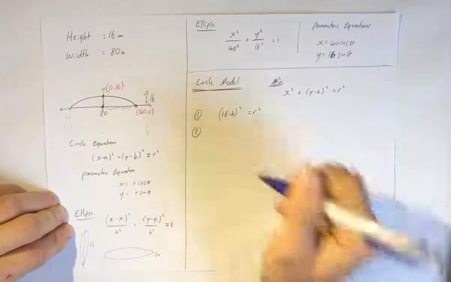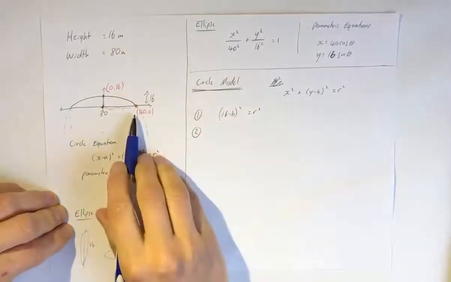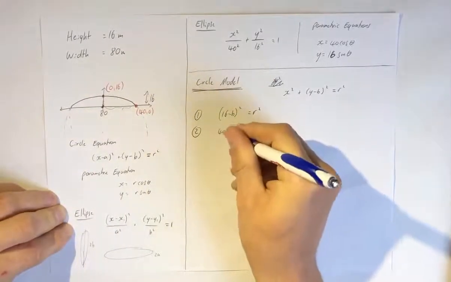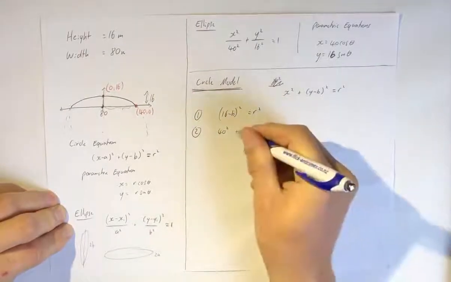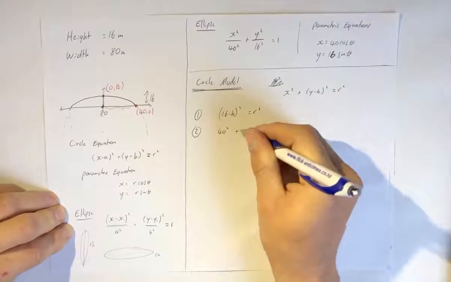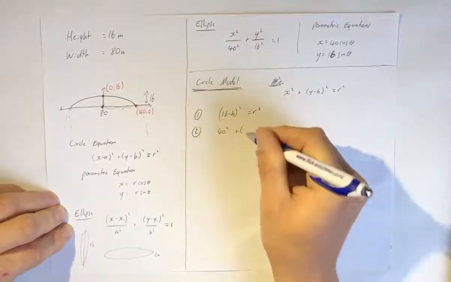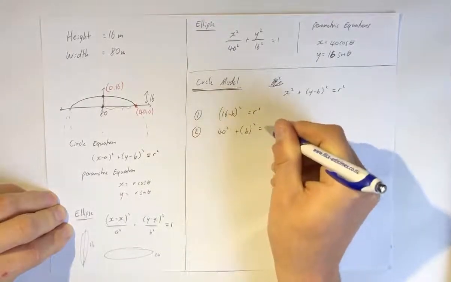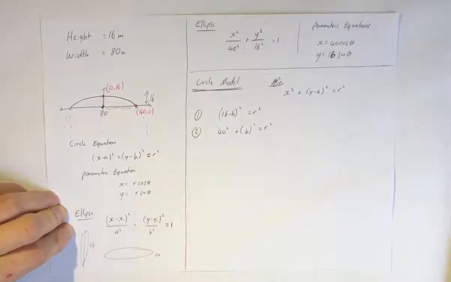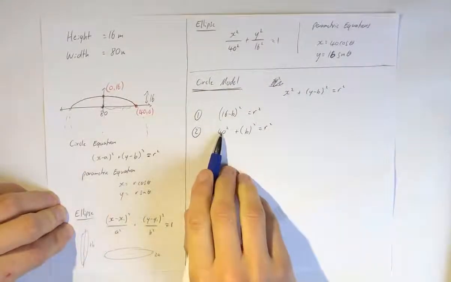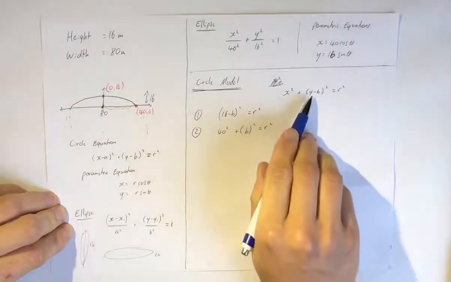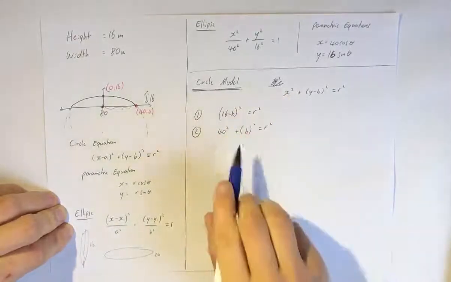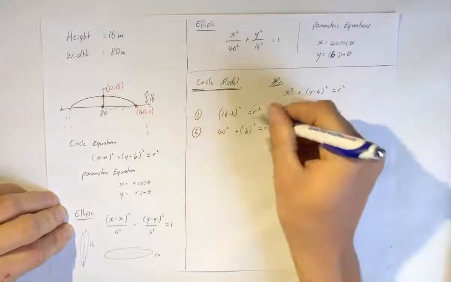And equation 2, well, that's going to be with the other point. So I just put 40 for x, so 40 squared plus 0 for y. So I don't actually need brackets, but that's going to be b squared is r squared. Okay, so there's 40 in for x, 40 squared plus, and that's 0 minus b, negative b all squared.